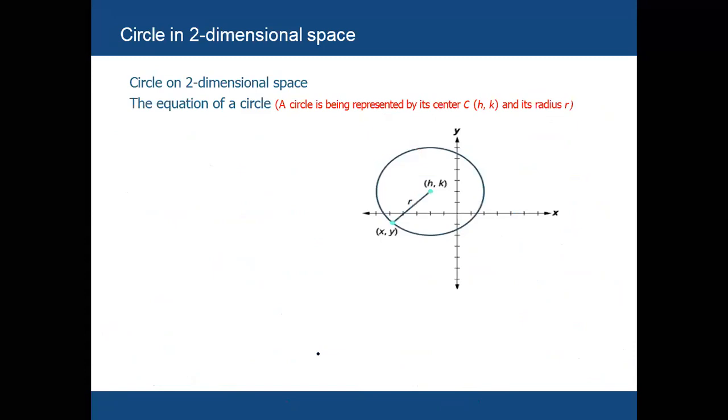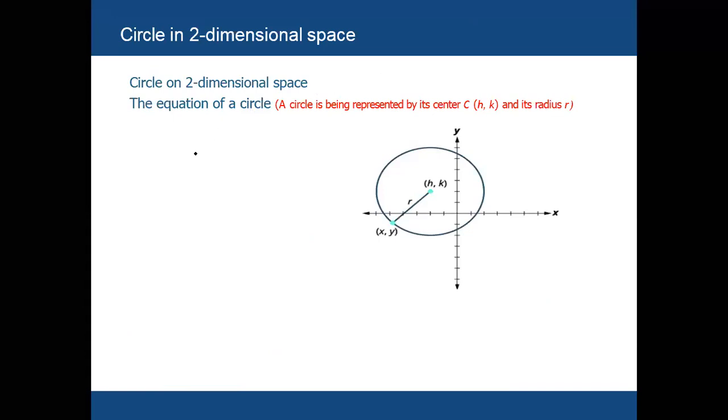Next we have circle in two-dimensional space. Yes, circle in two-dimensional space. So, you know that circle is also in two-dimensional space. So, what is the equation of a circle?